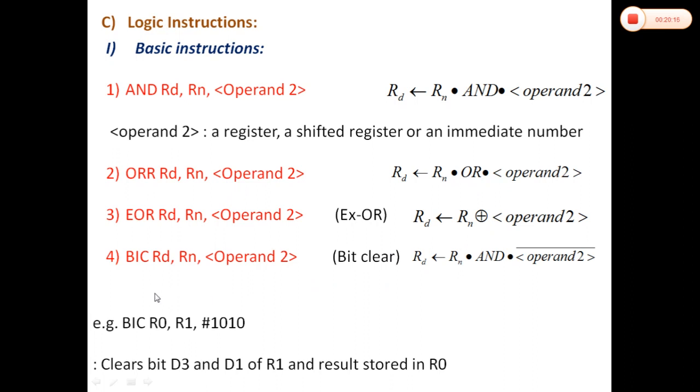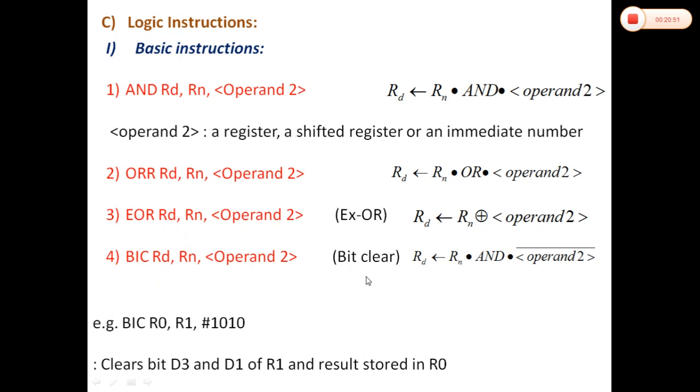Now let us see this instruction. It is the bit clear instruction. Bit clear RD, Rn, operand 2. This instruction is actually used to clear certain bits of Rn and store the result into RD.